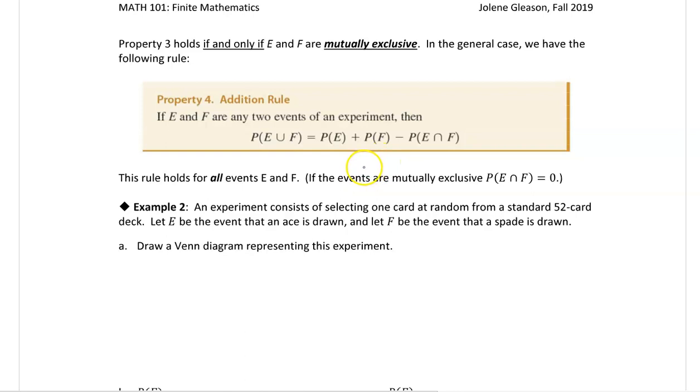The formula you probably remember is that the number of elements in E union F is equal to the number of elements in E plus the number of elements in F minus the intersection, the number of elements in E and F. That's the formula we had before, and I told you don't memorize it because we can just reason it out with a Venn diagram.